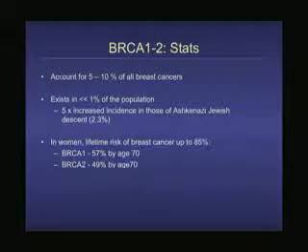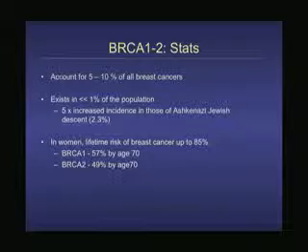Now, it only accounts for about 5 to 10% of all breast cancer cases. It exists in way less than 1% of the population, but women of Ashkenazi Jewish descent tend to have it more commonly. In women that carry this, the risk for developing breast cancer is towards 85% in their lifetime. So very, very high.